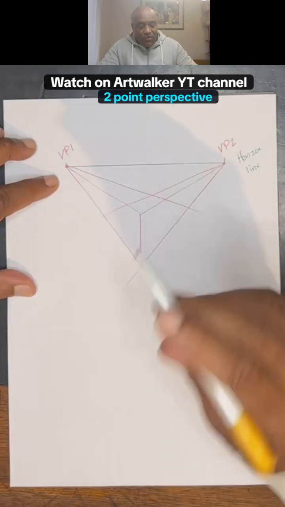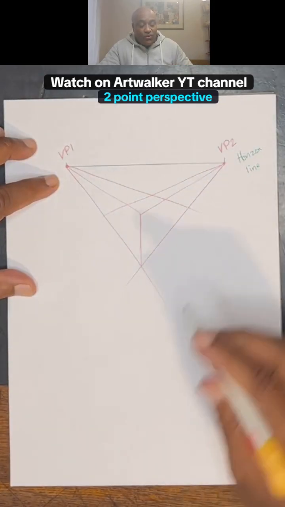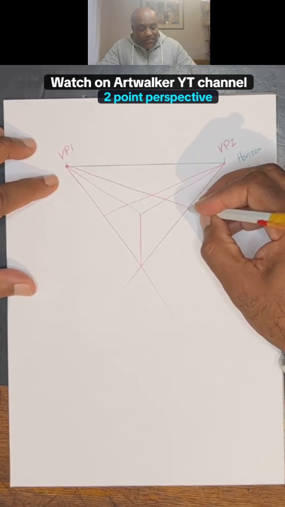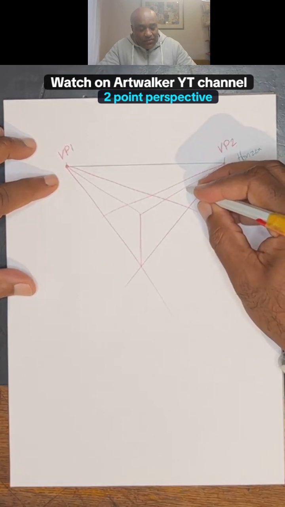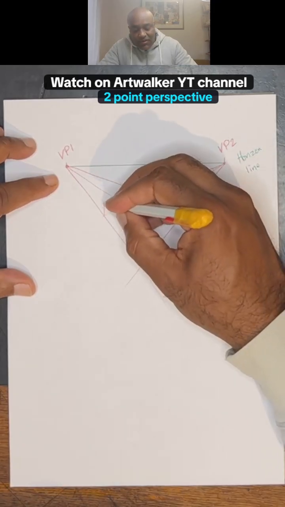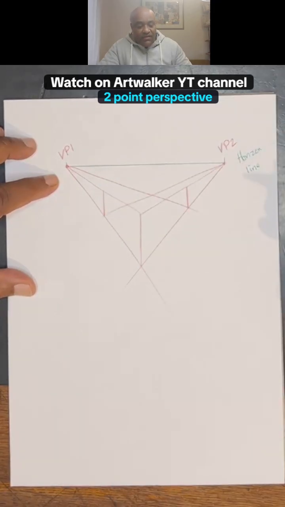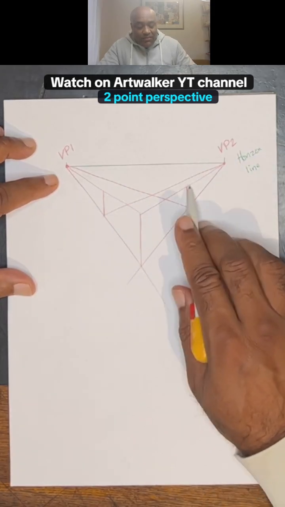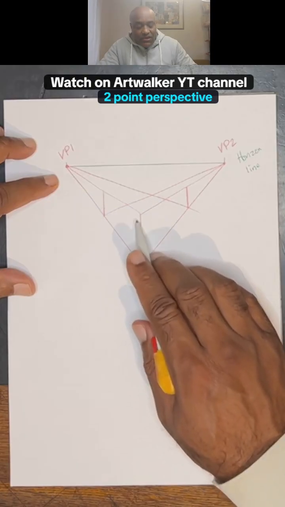Orthogonal lines or vertical lines, we draw exactly how we require them, and that is simply like so. These are the only lines that we don't refer to the vanishing point. So now we have two sides of a box. Can you see that? We have two sides of a box.